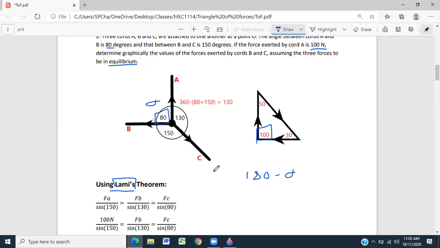What I would propose to you guys is sine of this is equal to sine of alpha.